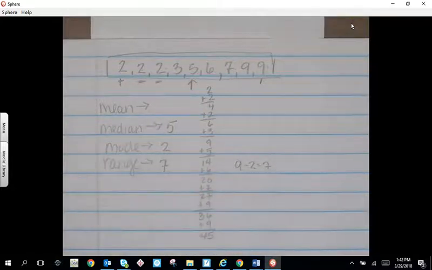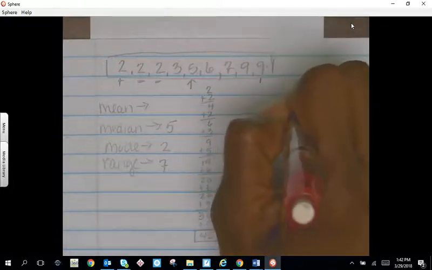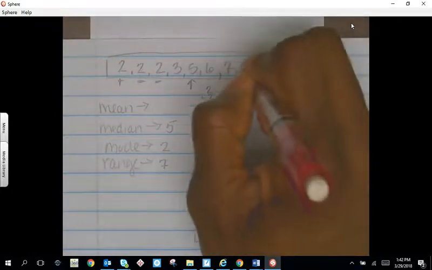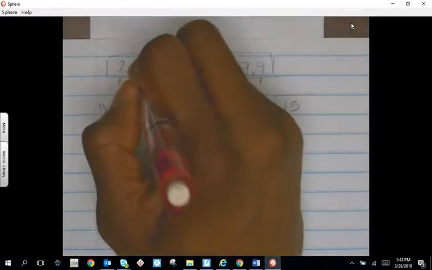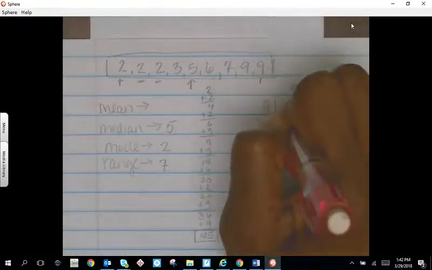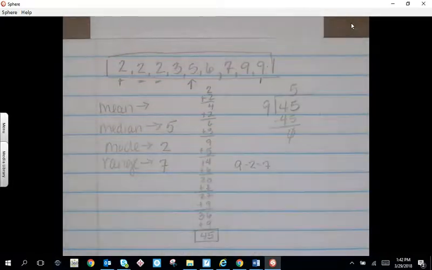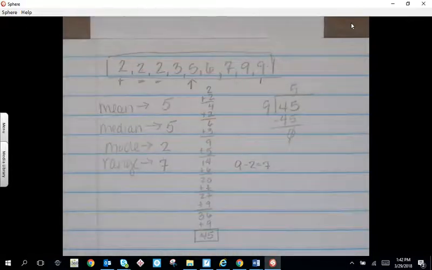So I have a total. Remember, I need to take that total and then divide it by how many numbers I added together. So 45 divided by 9 is 5. Not too bad, right?